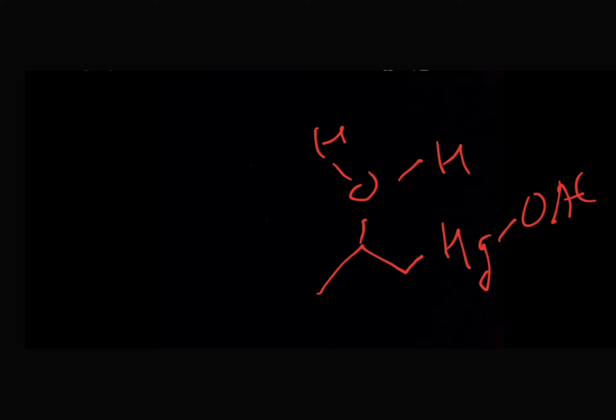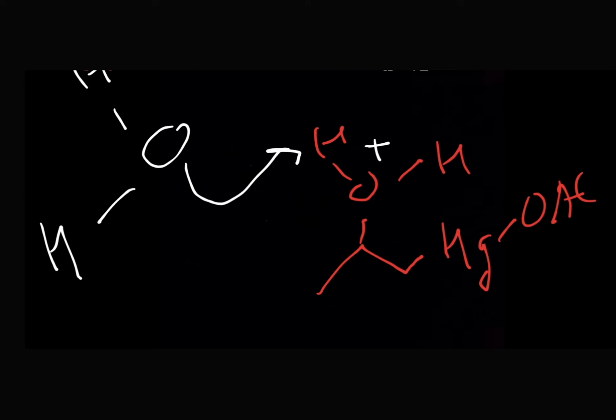Now we'll take another water molecule, which will remove this hydrogen, which is unstable. Because it has a positive charge, it will easily remove this hydrogen, and what will be formed is this compound.